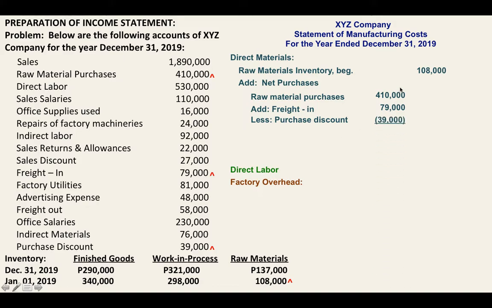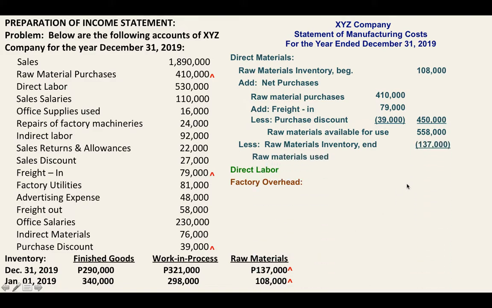So here now we will be able to get the net purchases. The raw materials beginning inventory plus the net purchases will give you the raw materials available for use. Okay, and then you have to deduct the raw materials inventory end, which is here 137,000. Deduct that, then you will get the raw materials used.